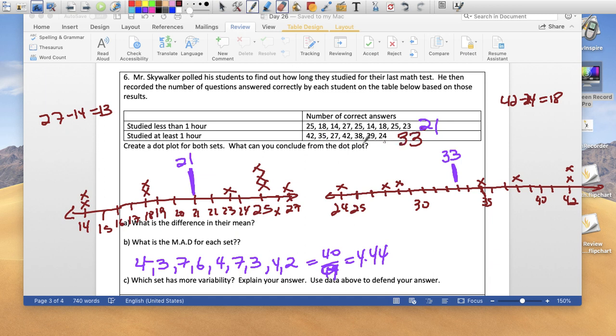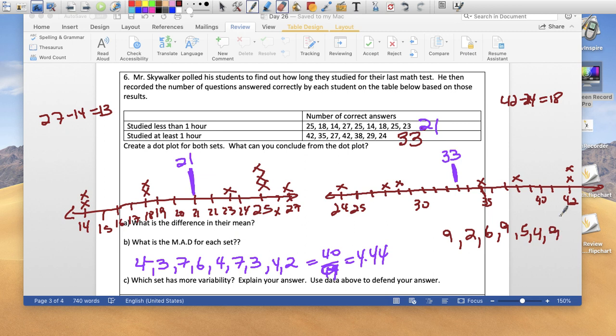So how far is 42 from 33? 35 from 33. So let's find the MAD of those. 42 and 33 is 9, 2, 27 and 33 is 6, 9 again. 38 and 33 is 5, 29 and 33 is 4, and 24 and 33 is 9.